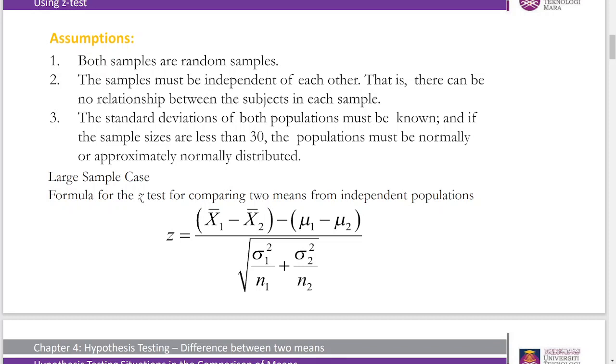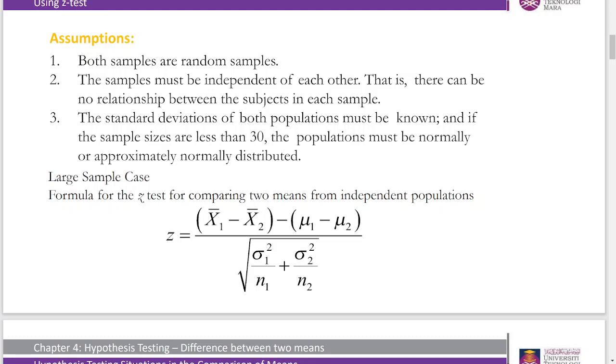That is, there can be no relationship between the subjects in each sample. And then the standard deviation of both populations must be known. If the sample sizes are less than 30, the population must be normally or approximately normally distributed. Itu dia punya assumption. Sama macam yang kita buat dalam case one sample.